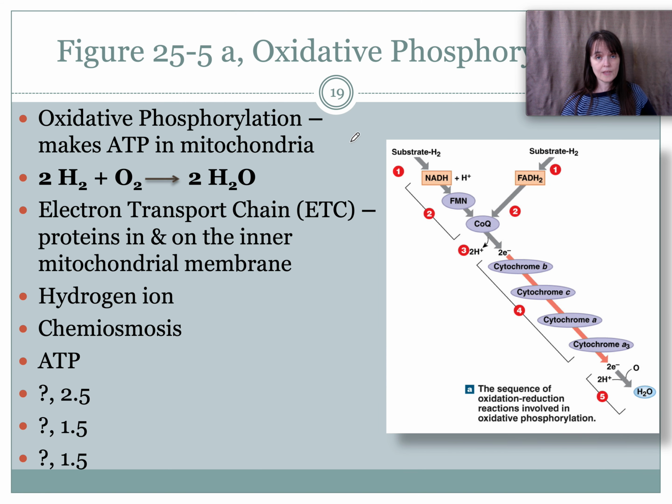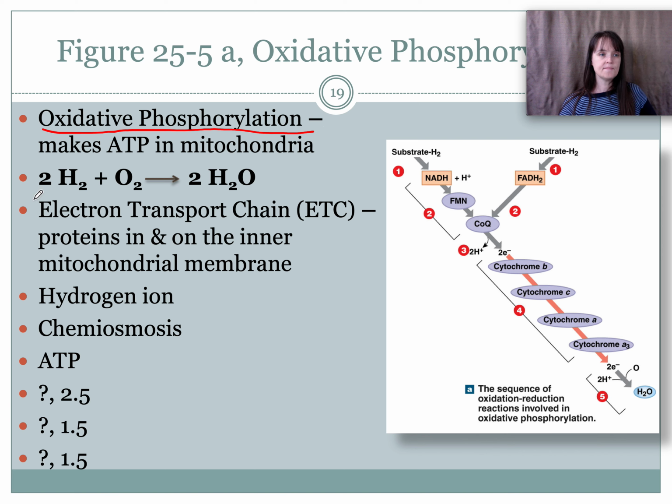Okay, now the fun part. That was the easy part. Making ATP as a result of the transfer of electrons from the coenzymes NADH and FADH2 to oxygen by a sequence of electron carriers within mitochondria is called oxidative phosphorylation.